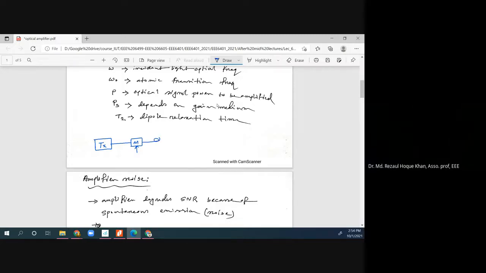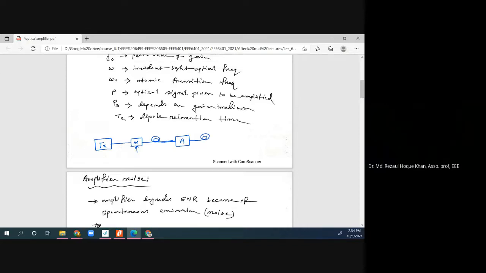It goes to a long fiber, and because it goes through a long fiber and long distance, the signal gets degraded. That's why we need an amplifier, an optical amplifier. The reason to use an amplifier is so that the signal can go a longer, further distance. So it goes again a further distance, then there is a receiver.